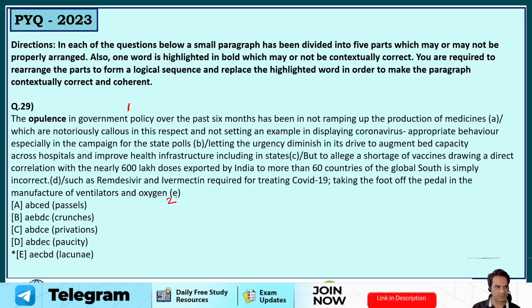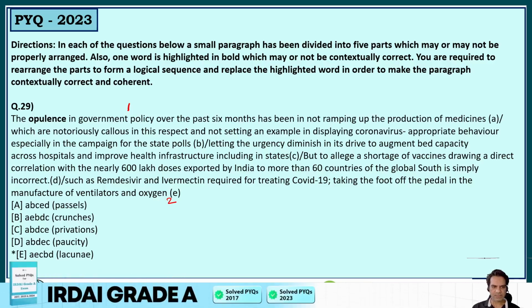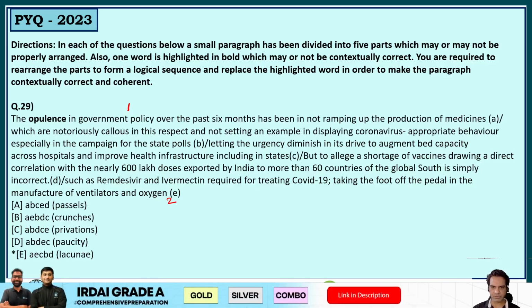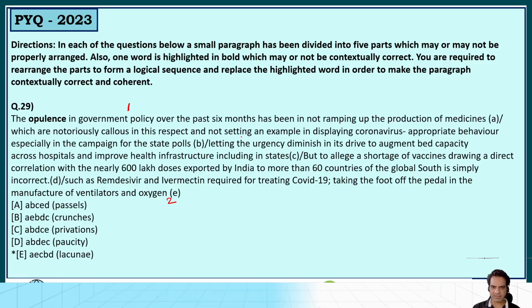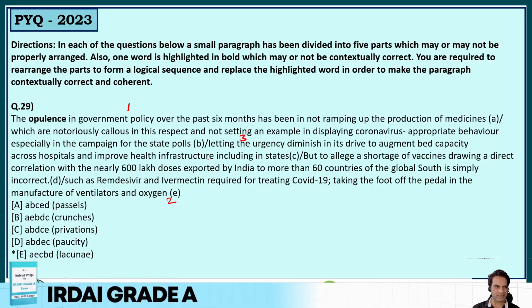The opulence in the government policy over the past 6 months has been in not ramping up the production of medicines such as remdesivir or ivermectin required for treating COVID-19, taking the foot off the pedal in the manufacture of ventilators and oxygen. Then it should be C, letting the urgency diminish in its drive to augment bed capacity across hospitals and improve health infrastructure, including in states.